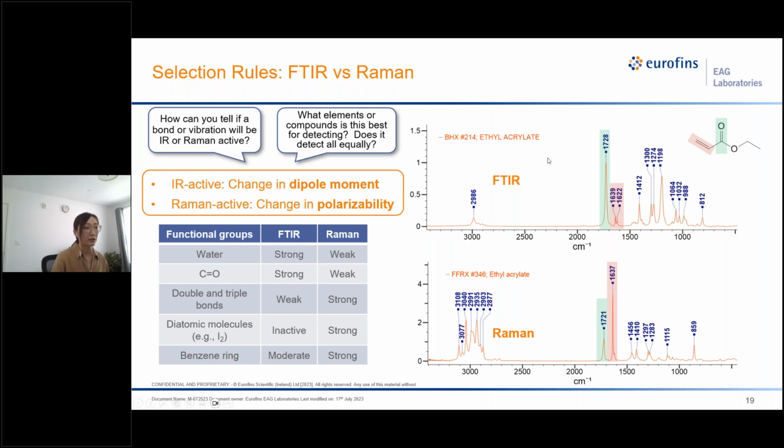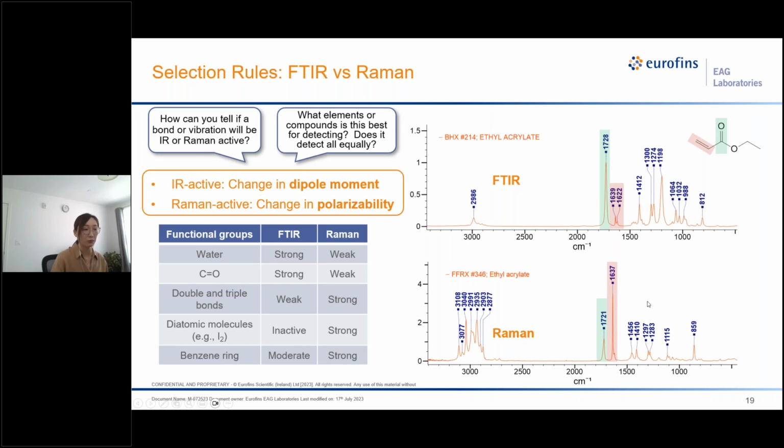Another example I have here is a compound called ethyl acrylate, with its structure shown here. In the FTIR spectrum of this compound, the most intense peak is produced by the vibration of the carbonyl group, whereas the acrylate double bond produces very weak absorption in FTIR.